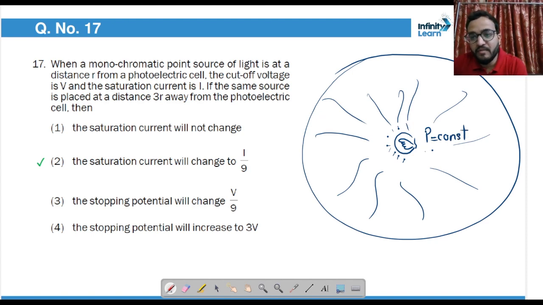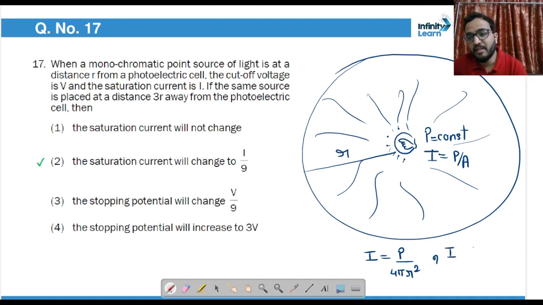But intensity is what? Intensity is power per unit area. So technically, intensity is power upon 4 pi r square. This is r, right? So intensity is inversely proportional to r square.